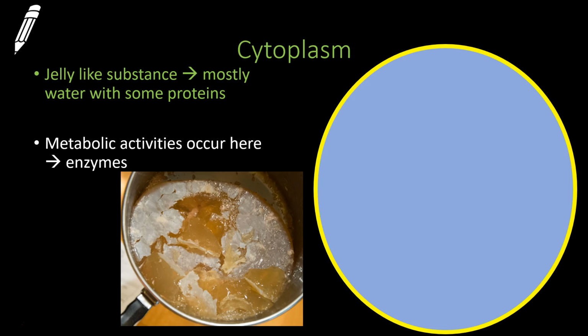So when I think of the cytoplasm, I always think of this jelly-like stuff that we see on leftover meat. Okay, why does it do that? Because it's mostly water and protein, just like the cytoplasm is mostly water and protein.